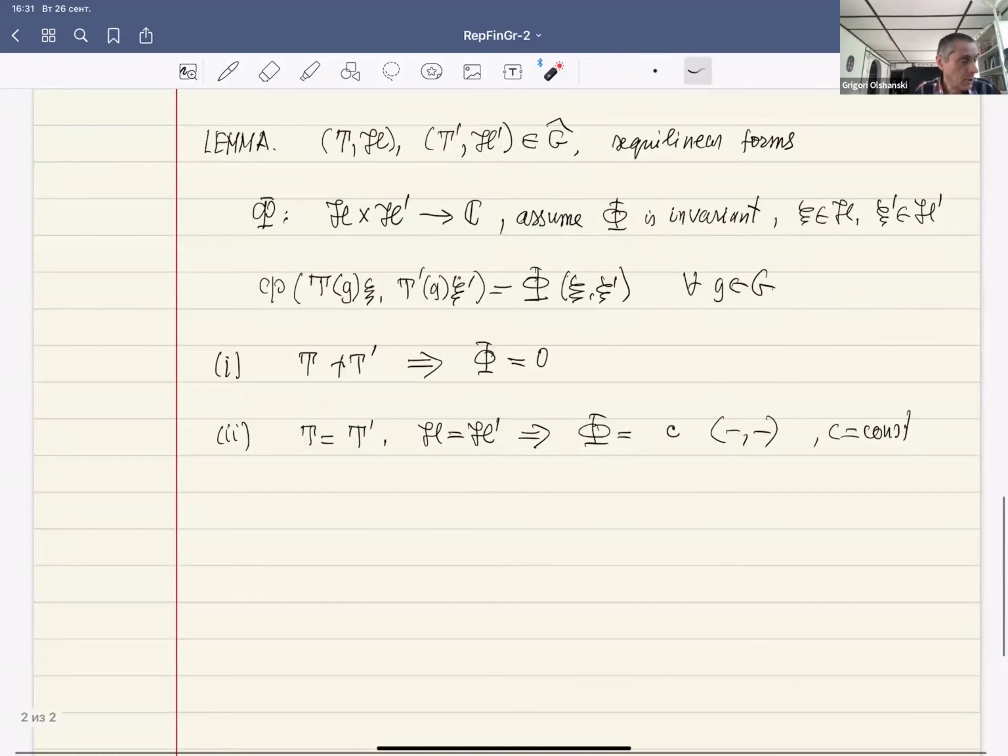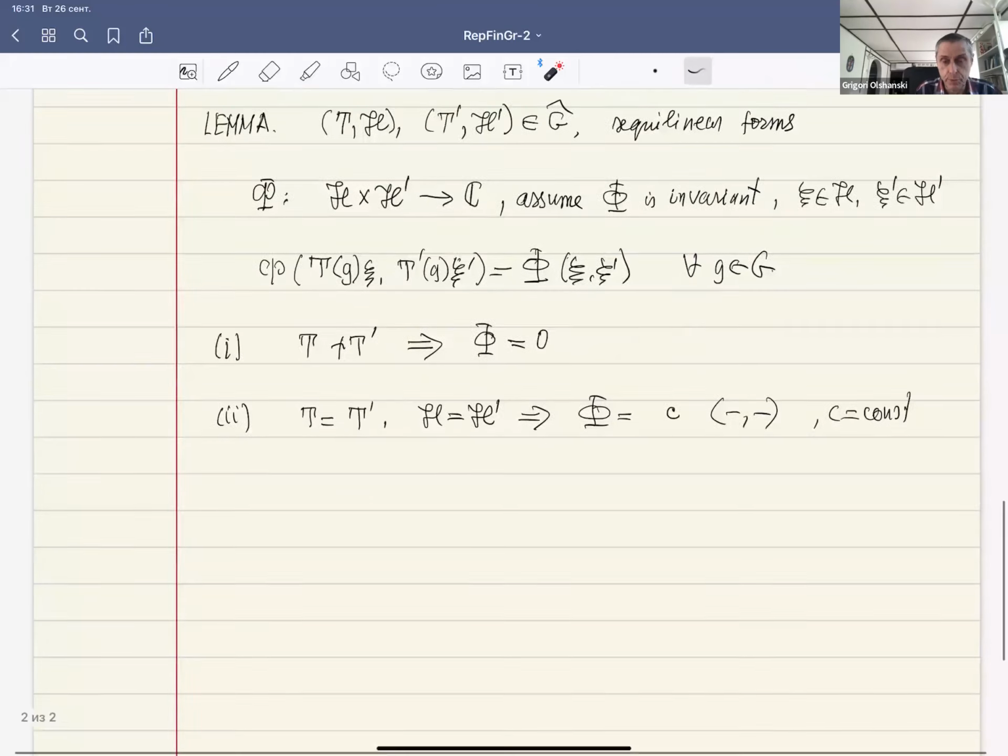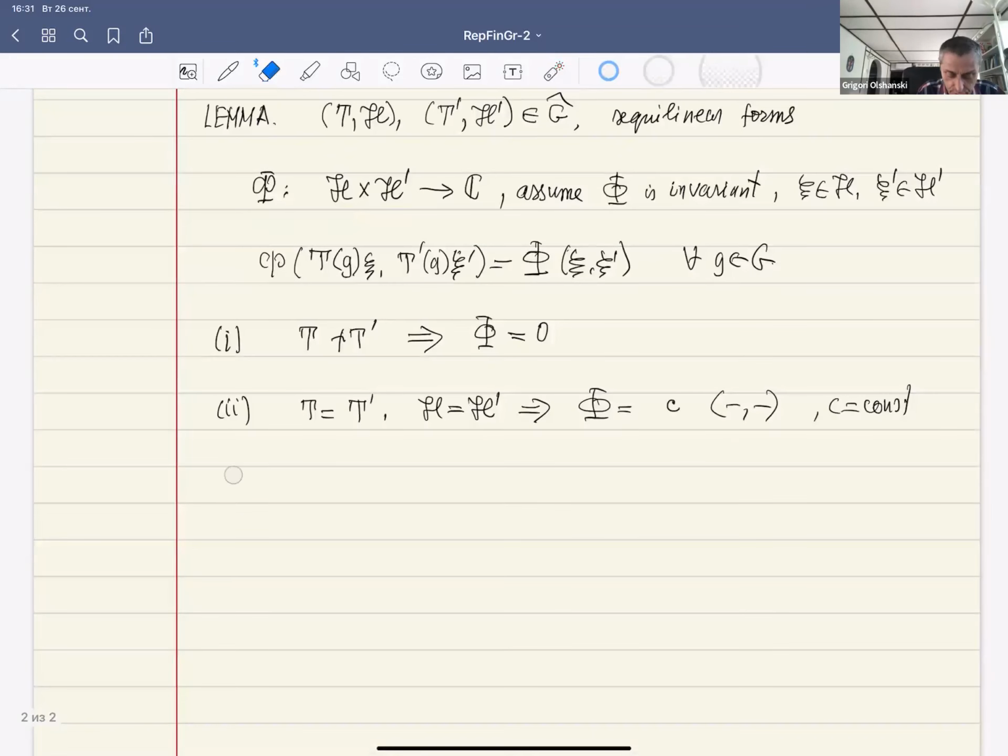How to prove this? But this is quite simple, pure linear algebra. So we prove.